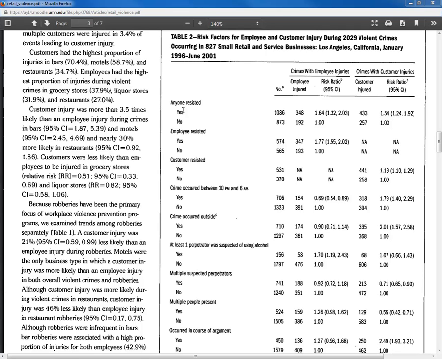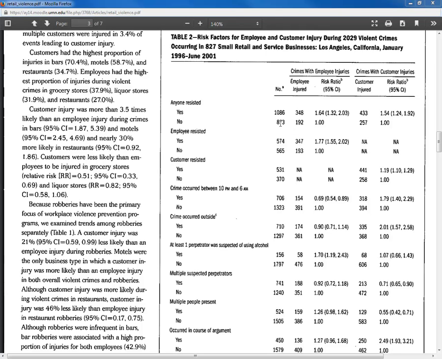If anyone in the store resisted, what fraction of those events had an employee injured? That would be a p hat of 348 divided by a sample size of 1086. There were 1,086 events where someone resisted, and out of those 1,086 times, 348 resulted in an employee getting injured.